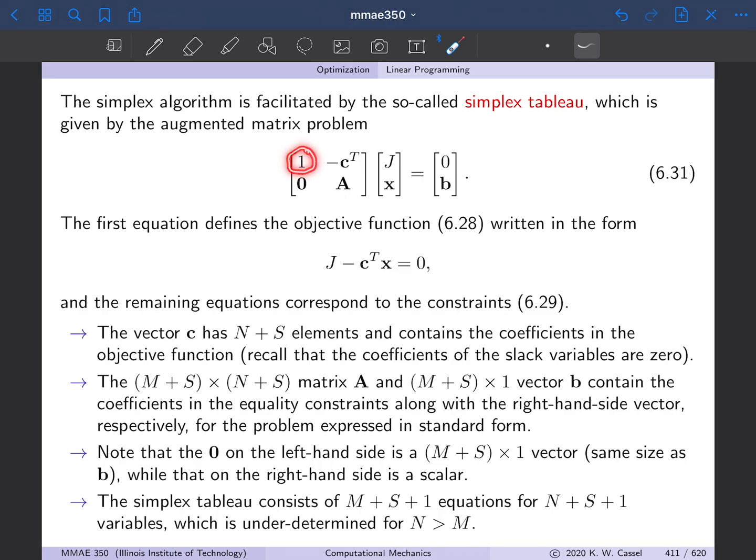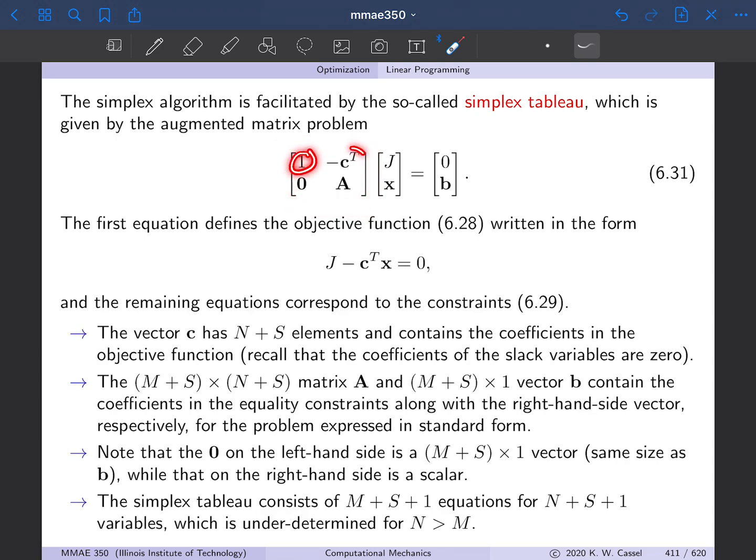Now this 1, you'll notice, is not bold. That's a scalar 1. This 0 is bold, so that's a vector 0. And this 0 is not bold, so it is a scalar 0. J is a scalar, x is a vector. And we'll go through all the sizes of those, and you'll see that they make sense. This is what's called a block matrix.